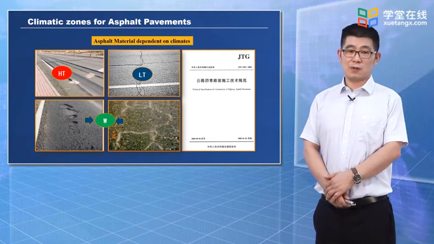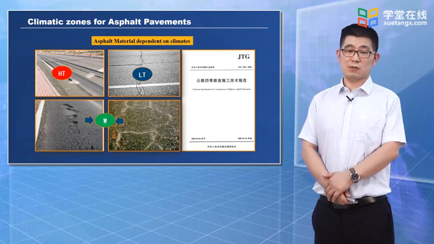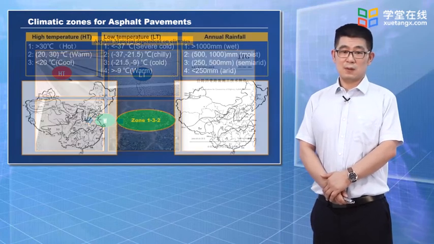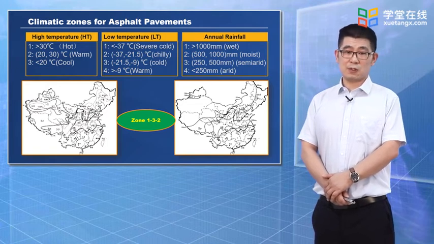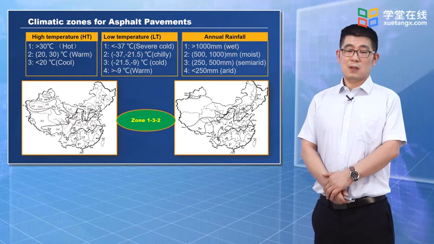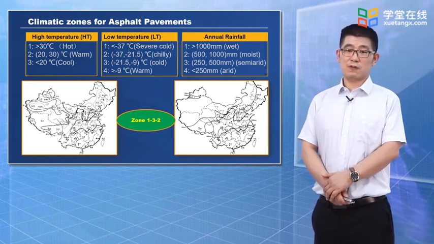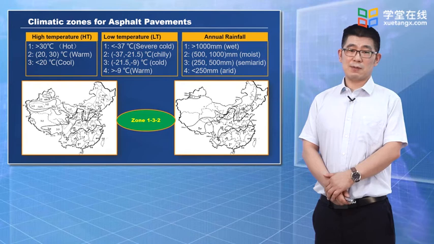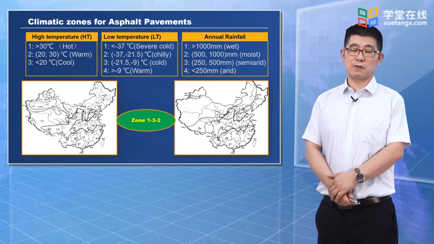The climatic zones are divided based on high temperature, low temperature, and annual rainfall. According to the specification, high temperature has 3 levels. Low temperature has 4 levels, and annual rainfall has 4 levels. The climate zone is a combination of high temperature, low temperature, and annual rainfall.